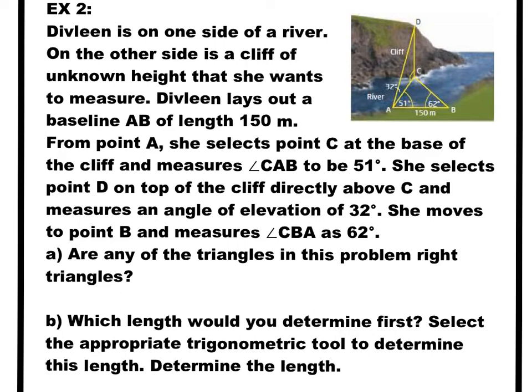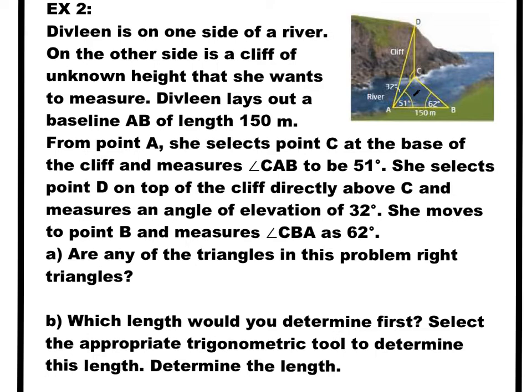From point A, she selects point C at the base of the cliff and measures angle CAB, which is this angle here, and finds it to be 51 degrees. She selects point D on the top of the cliff directly above point C and measures an angle of elevation of 32 degrees. She moves to point B and measures angle CBA to be 62 degrees.